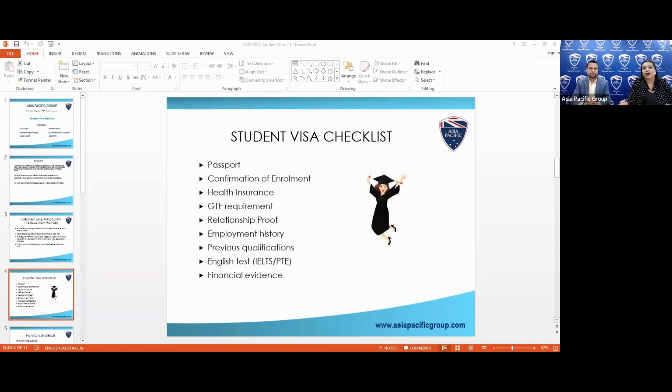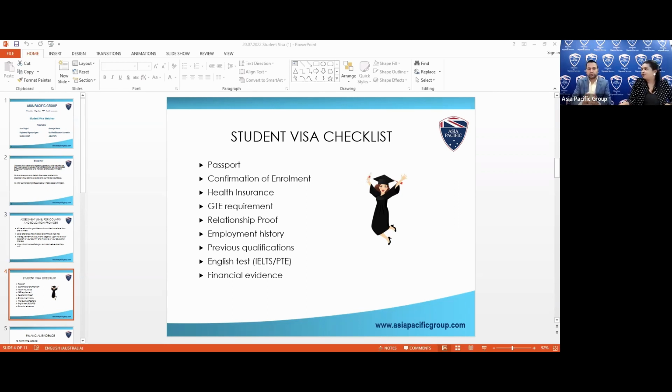The next thing, very important. Most of my students say that so many agents are promoting that you don't need PTE, you don't need IELTS for your student visa. How does that work? If you are lodging your visa application from offshore, and if it's your first visa, then you need an IELTS test. But if you are from a country which is exempted from the IELTS test, then you don't need to meet the English test requirement.